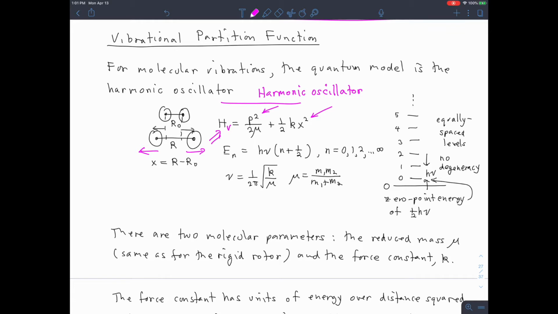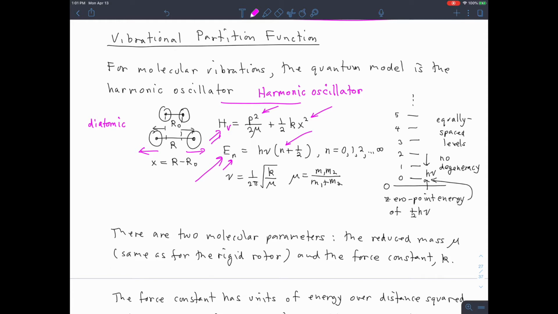In the case of a diatomic, which is what we'll talk about first, it represents the energy of stretching the bond, remember. I won't go through the quantum mechanics because in this case it isn't so simple. But remember we don't need the wave functions, so all we need are the energy eigenvalues.